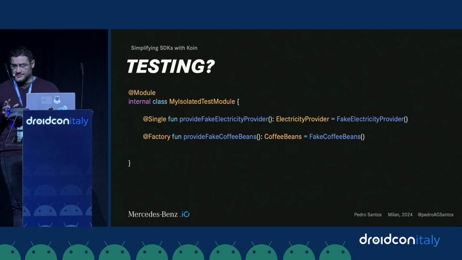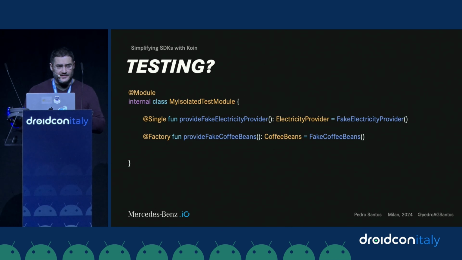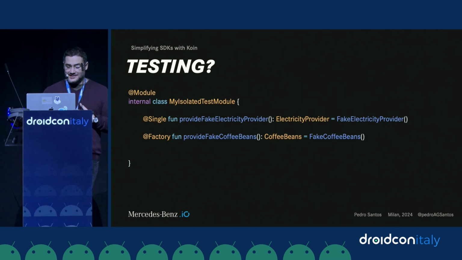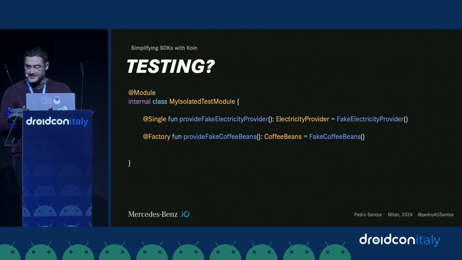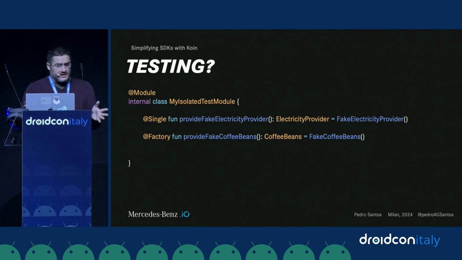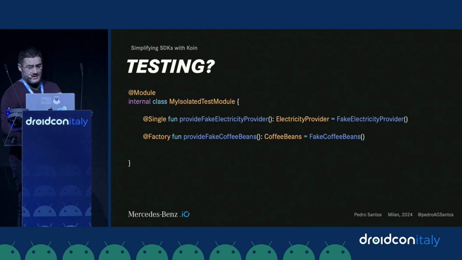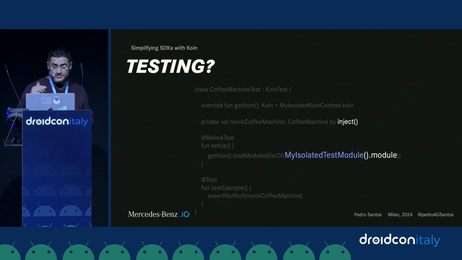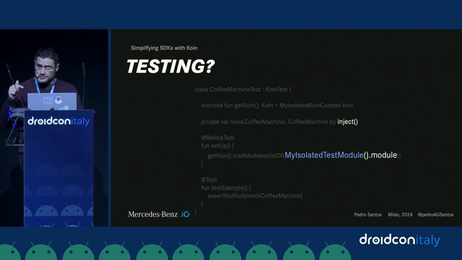And here is where the module will start looking daggerish. The word daggerish, it's just funny. The way it looks is you provide your fakes, and you just annotate the function if you want that fake to be a singleton or a factory for you. And then you need to use this module, which is generated for you, in your test. And then, voila, you can inject your coffee machine in your test.